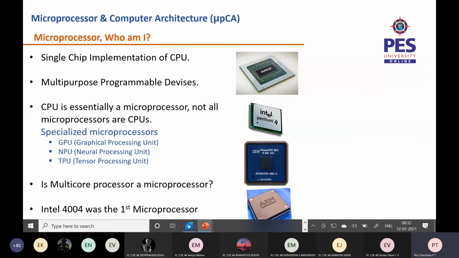So totally we have CPU, GPU, NPU, TPU, and all these can be considered as a processor or microprocessor. So next we need to see clearly, is a multi-core processor a microprocessor? Yes, a multi-core processor is also a microprocessor.